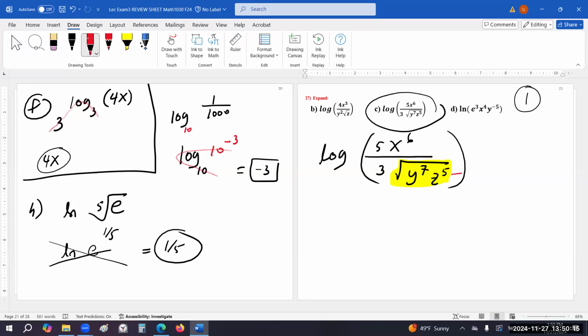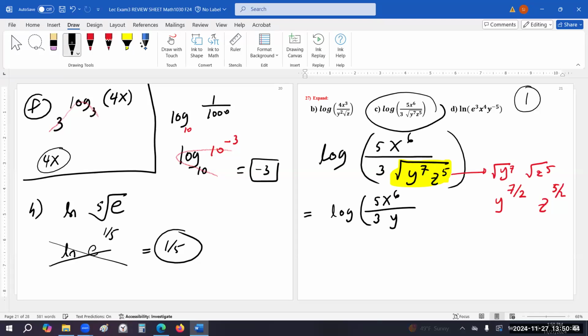When you separate them, it becomes square root of y to the 7, square root of z to the 5. Once you separate, we need to rewrite using exponents. So this becomes y to the 7/2 and z to the 5/2. So that means this expression is log 5x to the 6 over 3 y to the 7/2, and z to the 5/2. And now we see all the powers, no radicals.